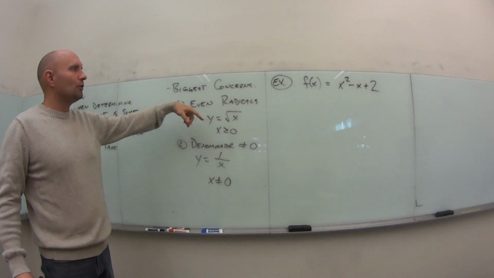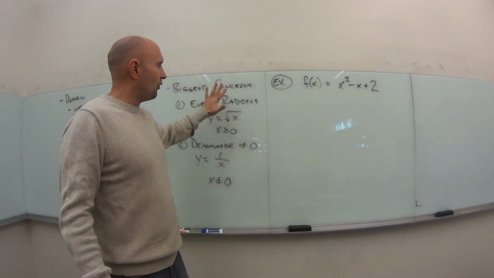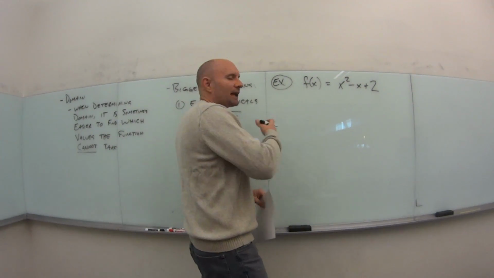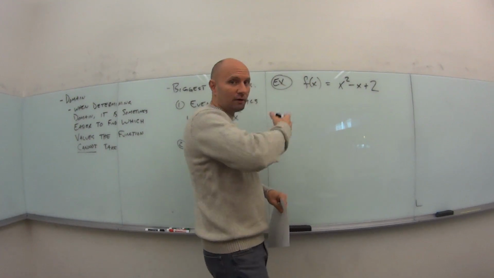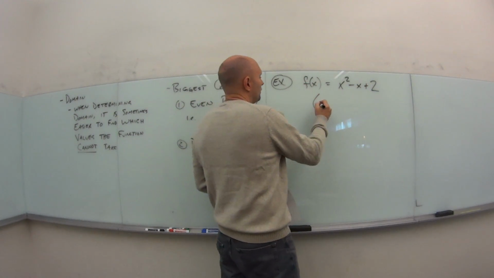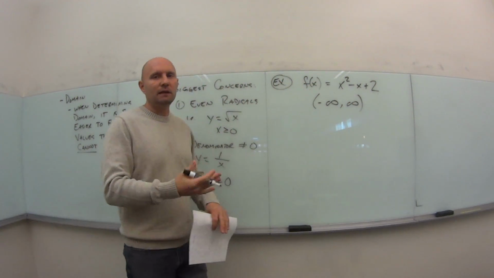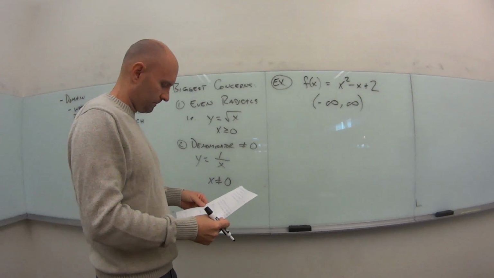Do I have a radical? No. Do I have a denominator? No. So those two I don't have to worry about. So in this case, I can what? I can choose any value of x that I want. So that means what? Any real number. And if we're putting this in interval notation, it would be what? Negative infinity to positive infinity. I can pick any value that I want here.